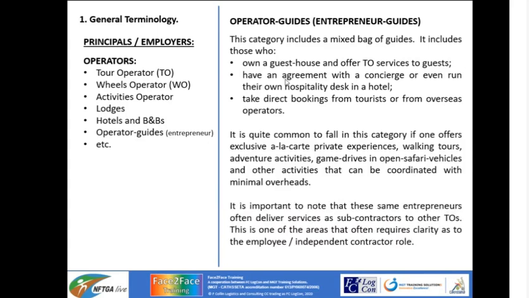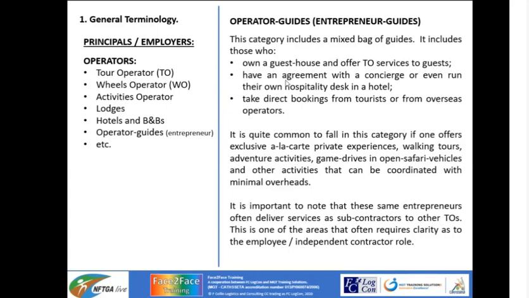And what's important in this case is that one of these entrepreneurs will often offer a service as a subcontracted operator to a larger TO. So you're a large TO, you have a guide on tour, that guide arrives at the Kruger National Park area and stays overnight in a hotel in Hazyview. And in the morning, the clients and the guide go into the Kruger Park with an entrepreneur guide that owns one open safari vehicle.